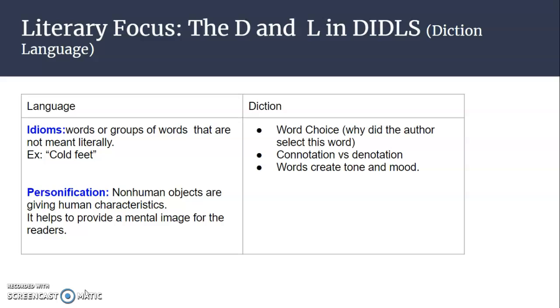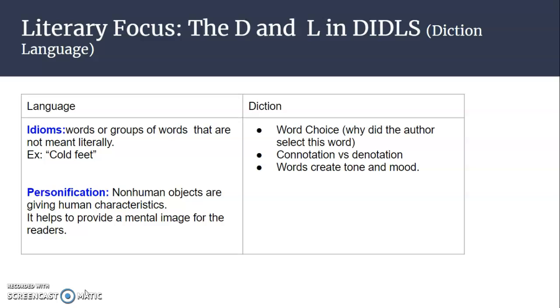The I is for imagery. The other D is for details. L is for language. And S is for syntax, the structure of the sentence. So your focus, the D and the L in DIDLS, I'm giving you just a few things to think about, is language. So we're going to focus on idioms and personification.